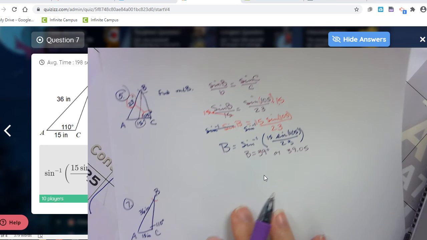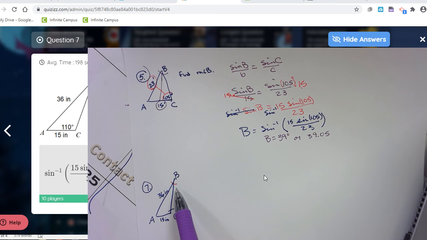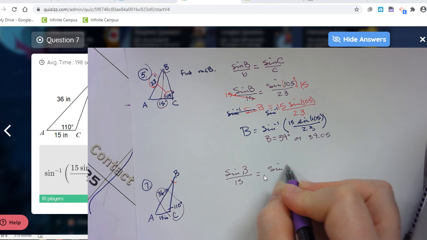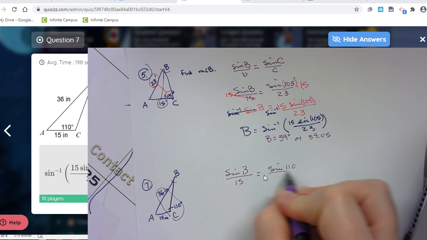Okay, so 39 degrees is what I got for that one, or 39.05. The last one that I have to do, I think, is to find angle B. Again, this one's finding an angle, and a lot of people, I think, are messing up because of not doing the inverse sine. So I'm going to start with sine B over B, which is 15, equals the other two sides that I have, sine of 110 over 36.